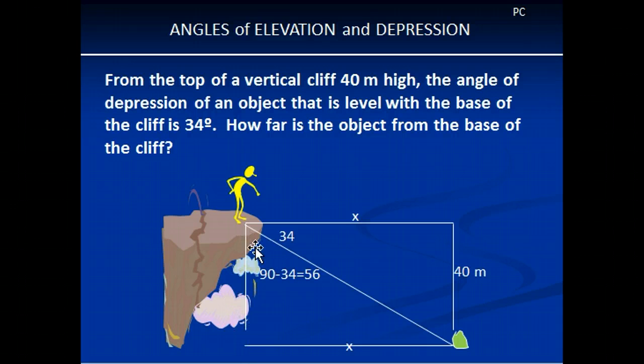We're going to use this height over here. It's still 40 meters, and it's the opposite over the adjacent, but it ends up being tangent of 56 is x over 40. So you're going to have to be careful with those two. All right, I hope this helps a little bit, because we're going to have more of these kinds of word problems.